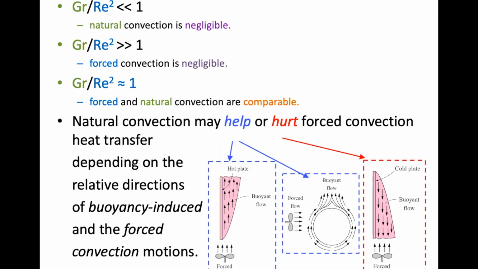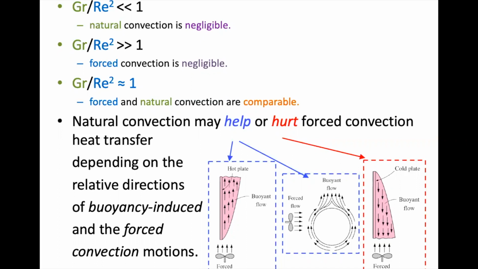So you need to add to your evaluation of the process the natural convection element. You cannot disregard natural convection, because both of them are comparable, both of them are important. And as I already mentioned, this typically happens when you are dealing with low velocities.